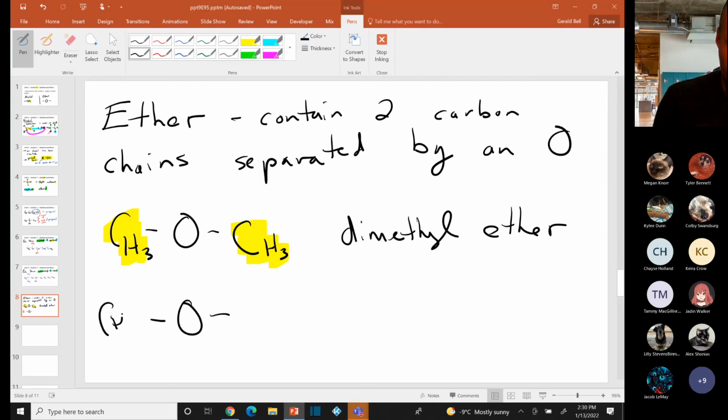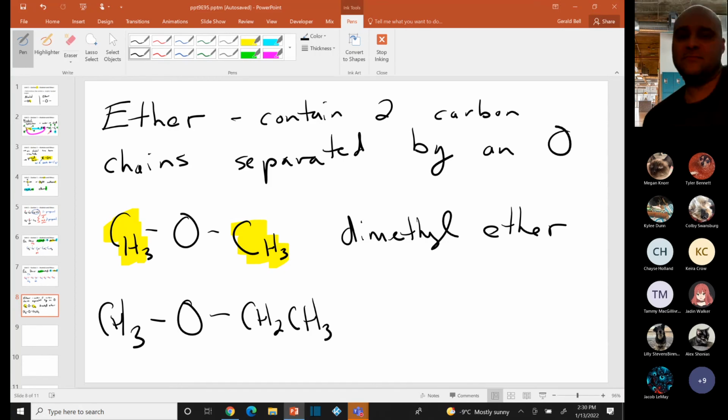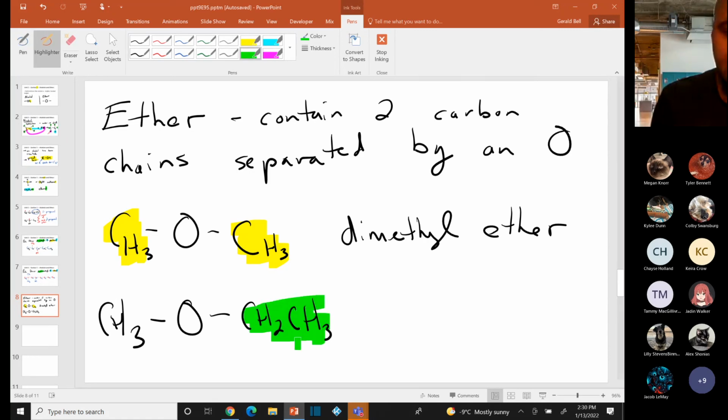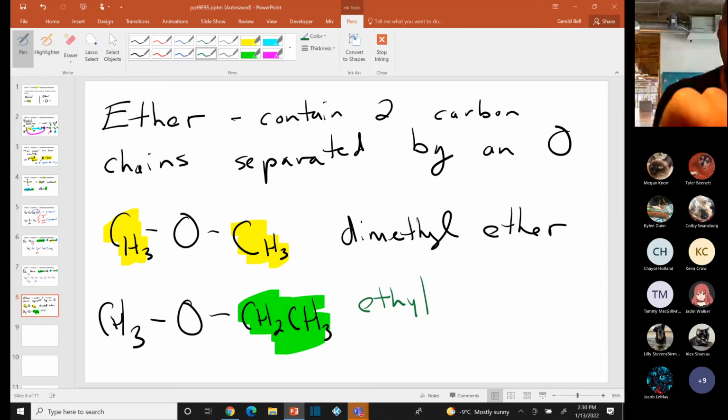The next most complex one would be a methyl group and an ethyl group. So again, you just identify the groups, and this one's going to be alphabetical order. 2 carbons means we have an ethyl group, and then that would be a methyl.